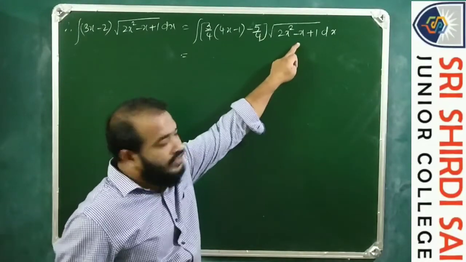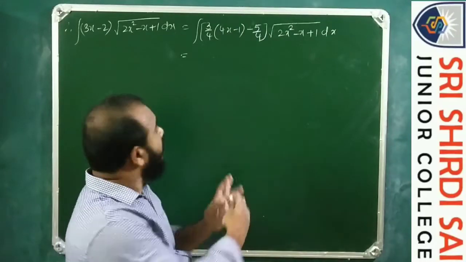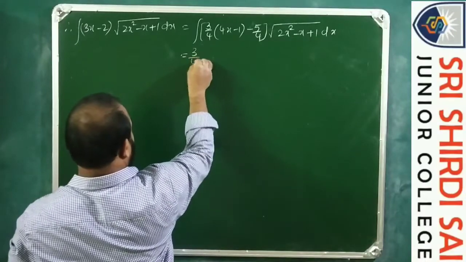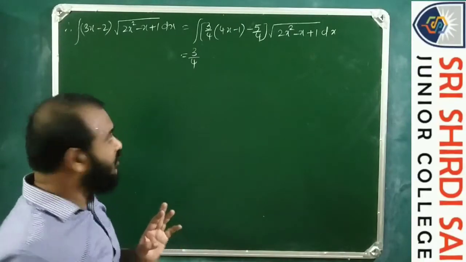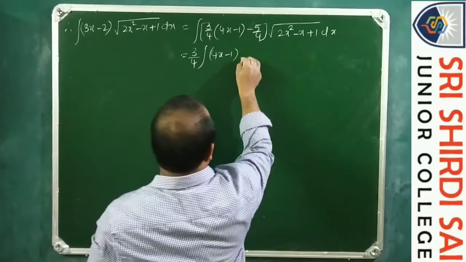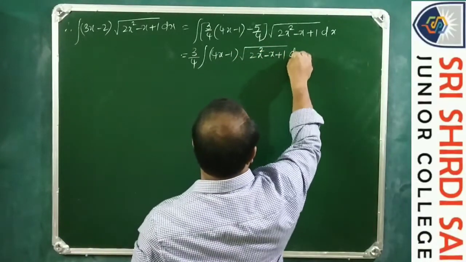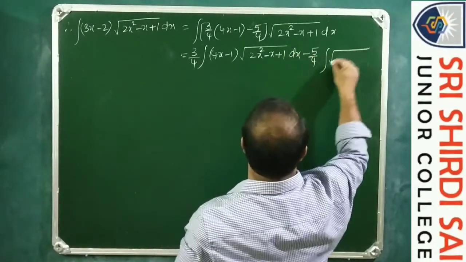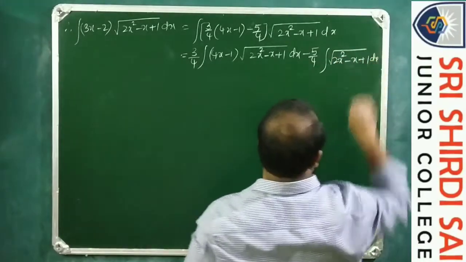Now this is of the form (a minus b) into c, which is ac minus bc, so the integral is to be distributed for both of them. So 3 by 4, since it is a constant, let us separate it from the process of integration: integral (4x minus 1) into square root of (2x square minus x plus 1) dx, minus 5 by 4 integral square root of (2x square minus x plus 1) dx.